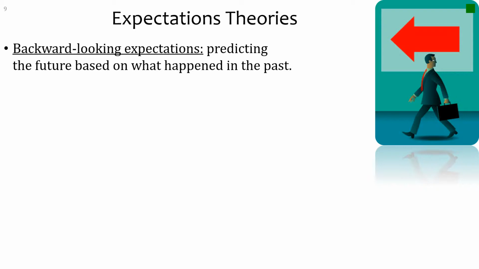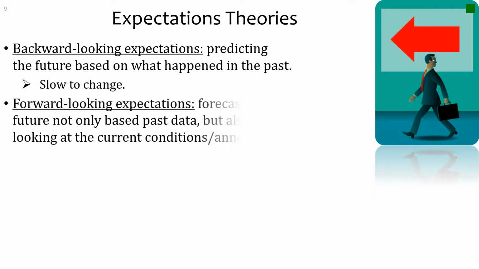It's very naive to expect the future to be exactly as the past. If last year's inflation was 5%, just based on that you would predict that this year is also going to be 5%. That's naive because everybody knows that everything is always changing. These expectations are also slow to change because you're always looking at the past and it takes time to update your information.